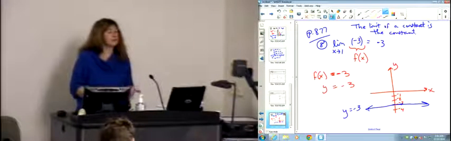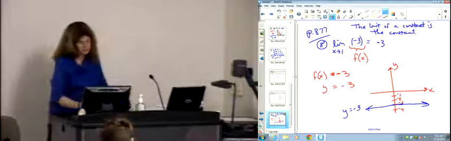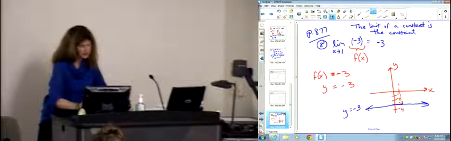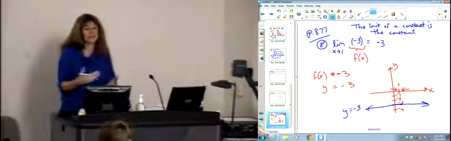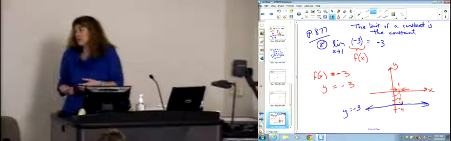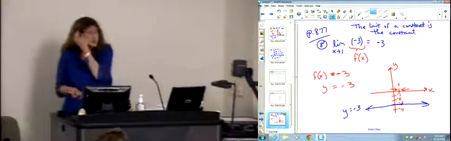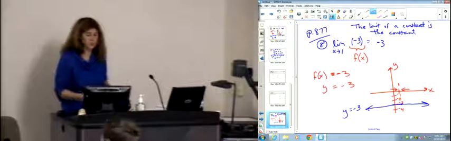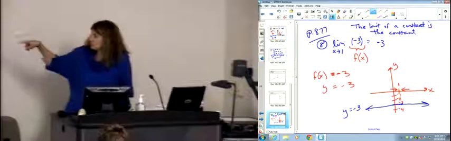So the question that we started with, the limit question, says, as the x's are approaching 1, there's 1, from the left and the right, remember we know now that the values coming in from the left and the right have to be the same in order for that limit to exist. But as the x's are approaching 1 from the left or the right, what's happening with my y values on this graph?